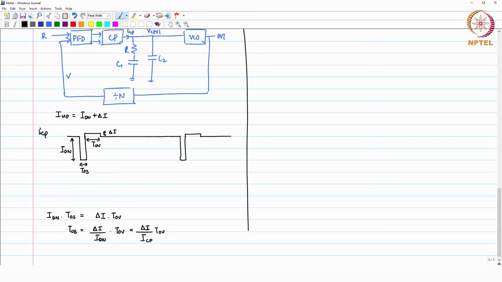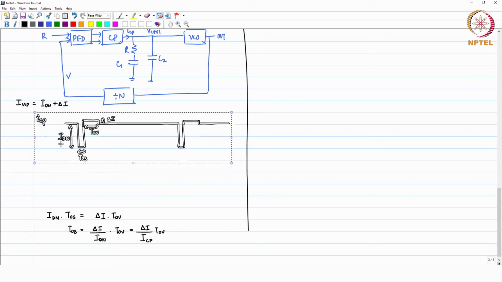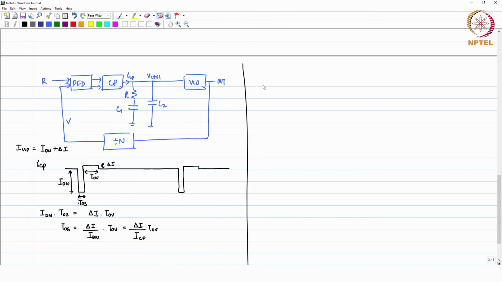Now, in response to this steady state disturbance in the current source, you are going to have a change in the control voltage. And how will the control voltage react? If you had only this loop filter, I am drawing only a part of it, R and C, because going with both of them becomes a little difficult to visualize.